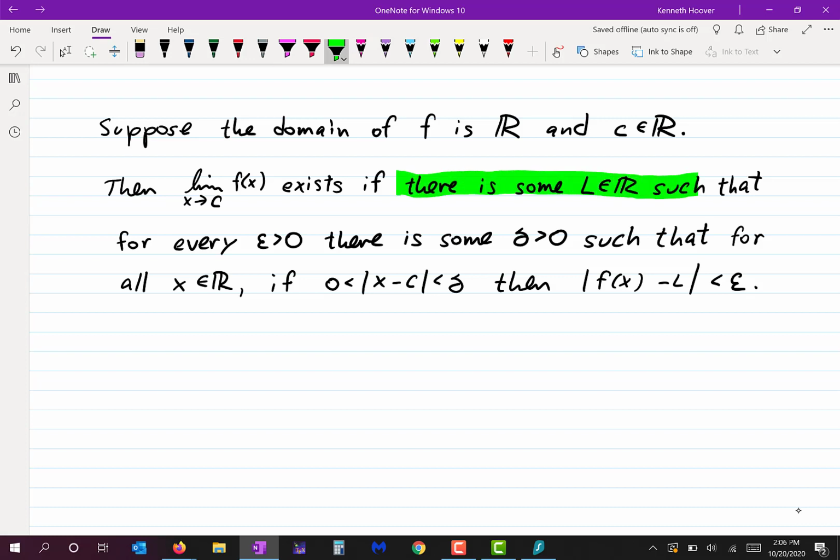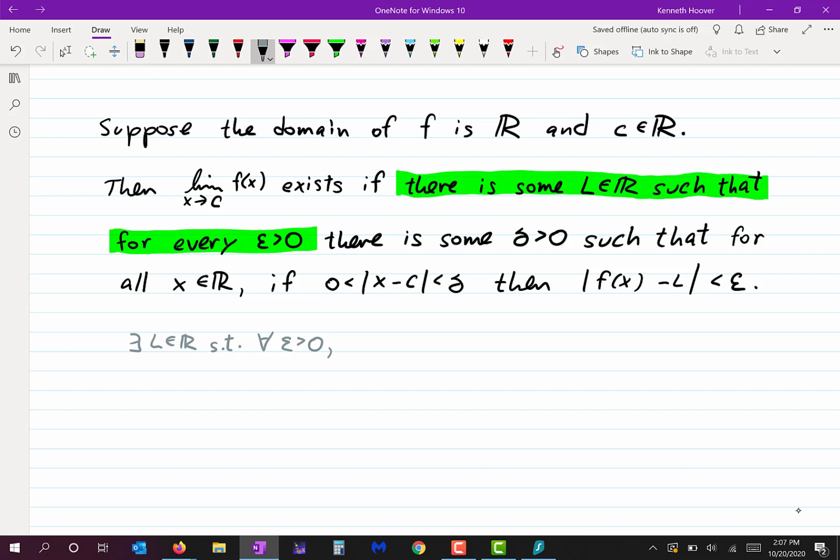There exists an L in the real numbers such that. All right, let's continue. For every epsilon greater than 0, comma. Even though there's not a comma in the original sentence, when I write it symbolically, I always put a comma after universal quantifiers.